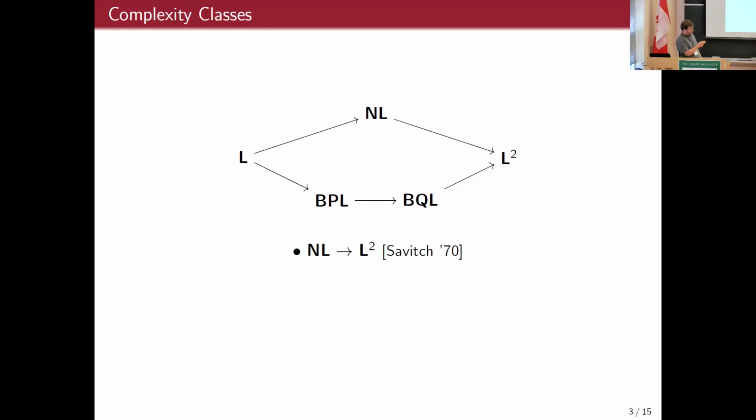The last two inclusions are not completely trivial. The one, NL being in L squared, and by the way, L squared means all problems decidable by a deterministic machine in space log squared n. This inclusion is exactly Savitch's theorem from 1970. And then also BQL is contained in L squared, which was shown by Watrous in 1999.